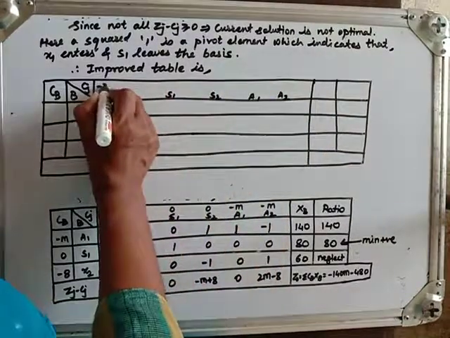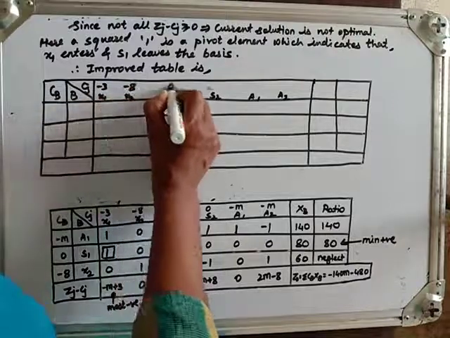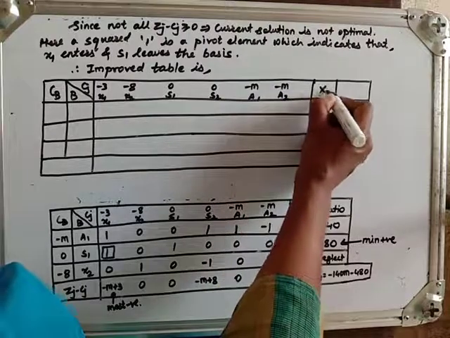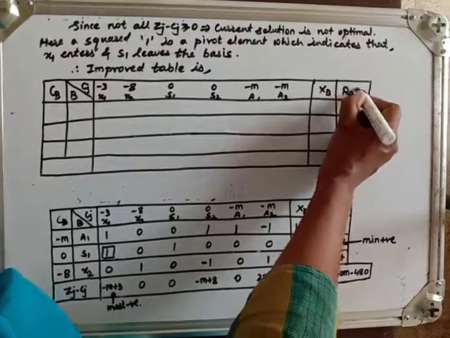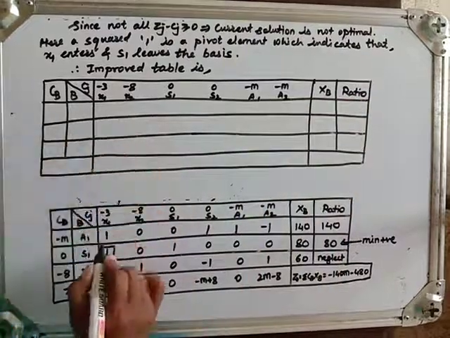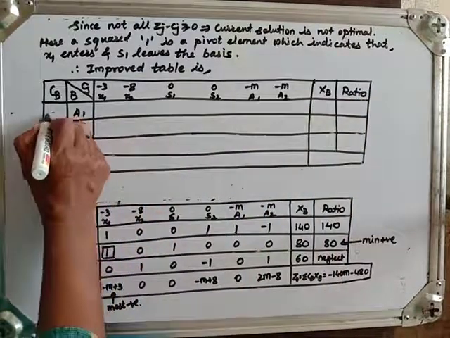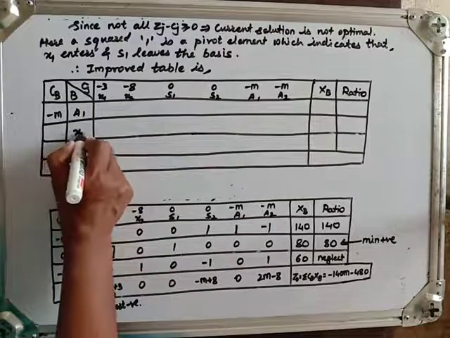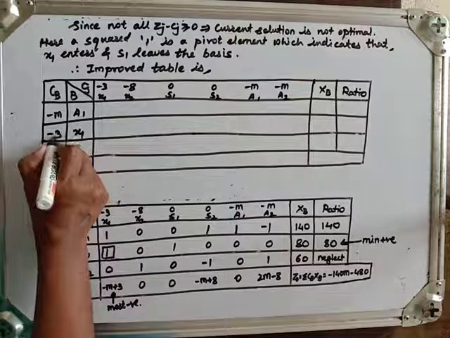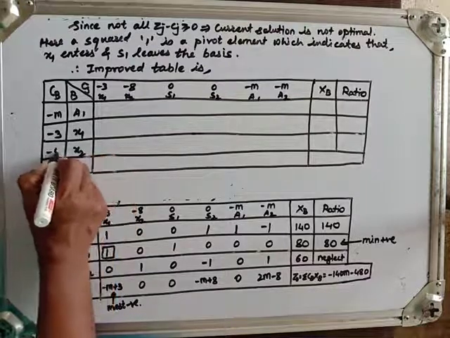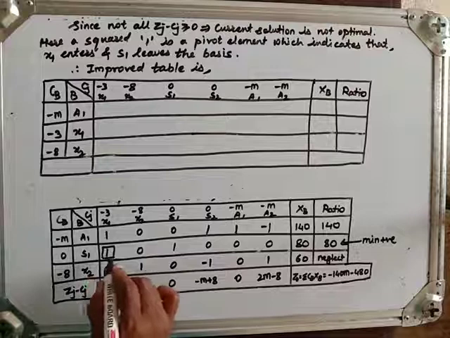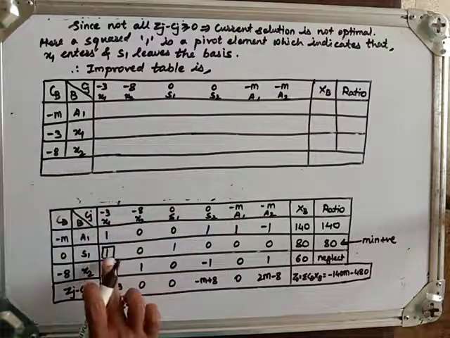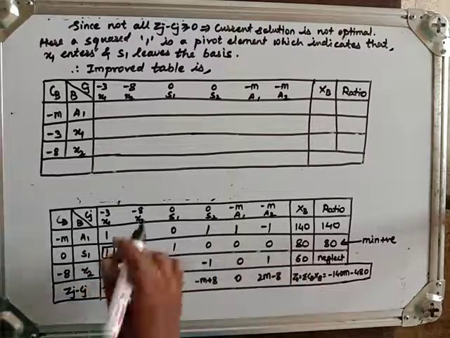So it will be minus 3, minus 8, 0, 0, minus m, xb ratio. Again here a1 remains same. S1 is replaced by x1 having coefficient minus 3. Here x2 having coefficient minus 8. Now the row entries, how are they? Now this is already 1, so this row remains same.